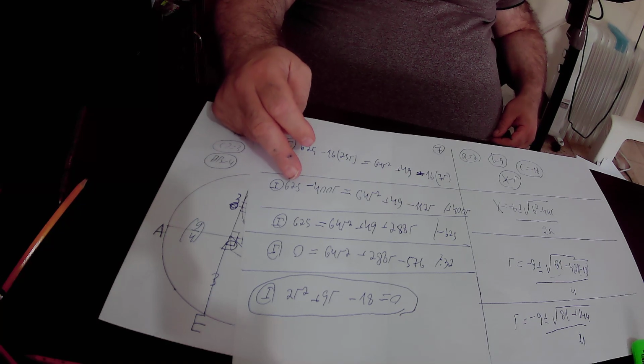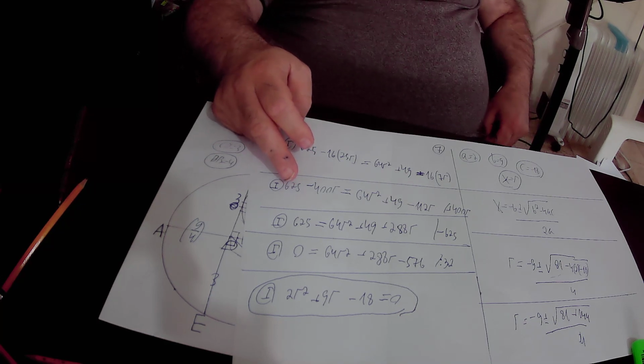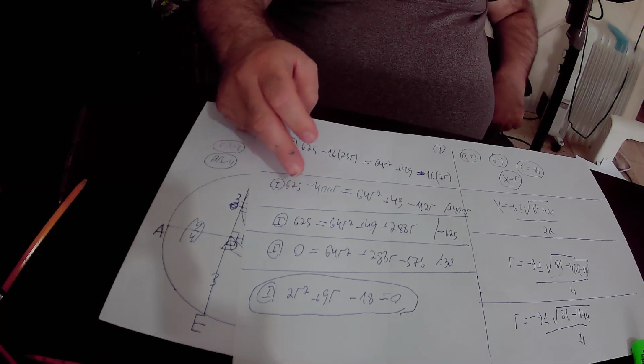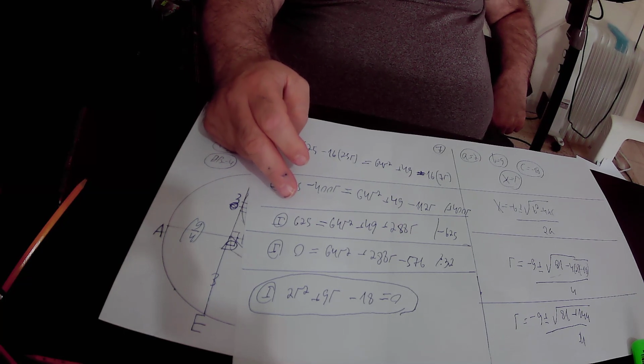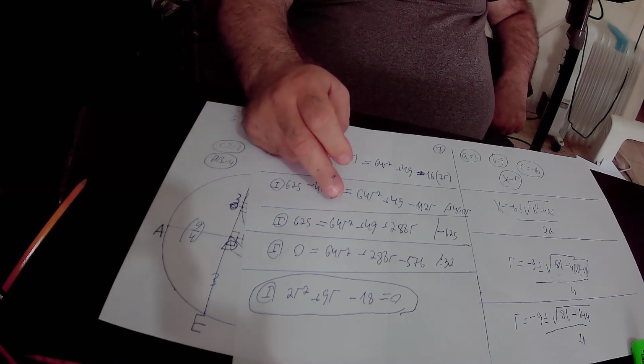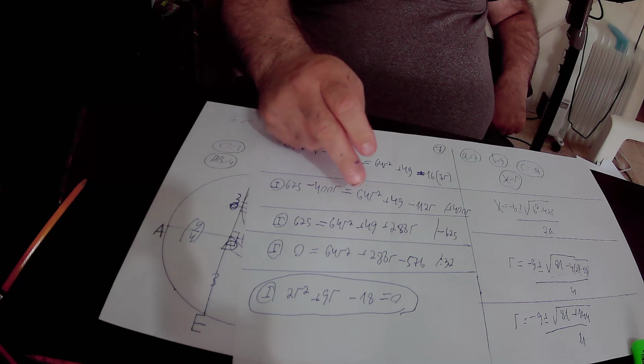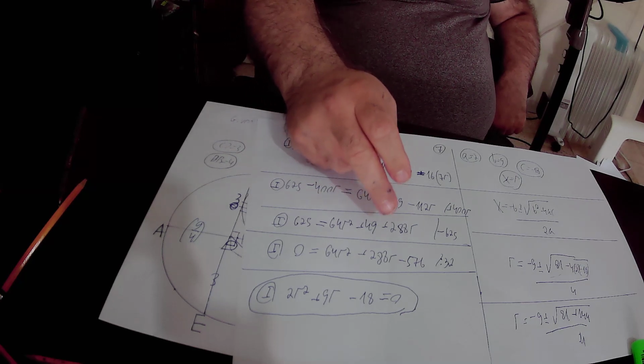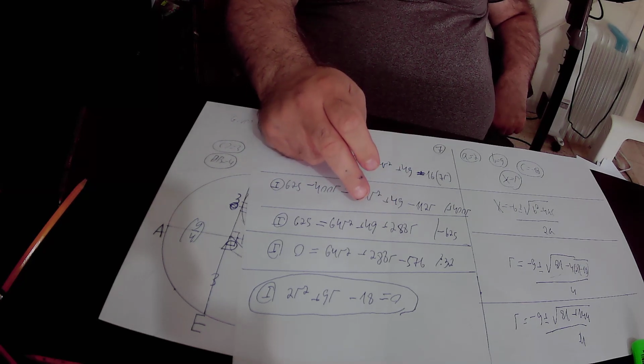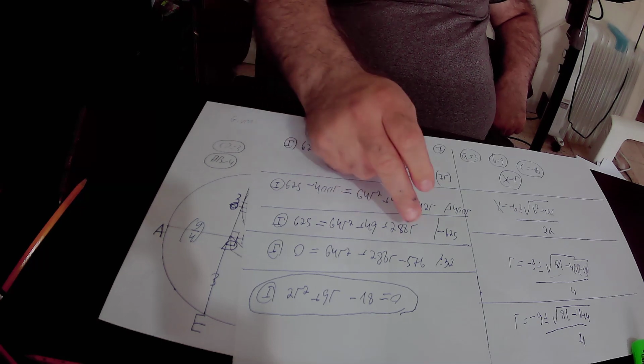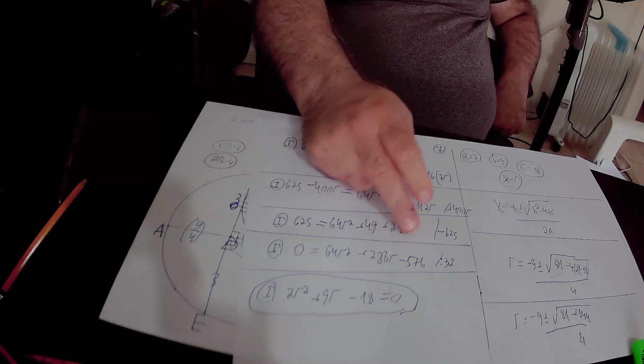Okay, so here we subtracted 625 from this equation number 1. 625 minus 625 is 0. Here we have 64r squared plus 288r, and here 49 minus 625 is equal to minus 576.